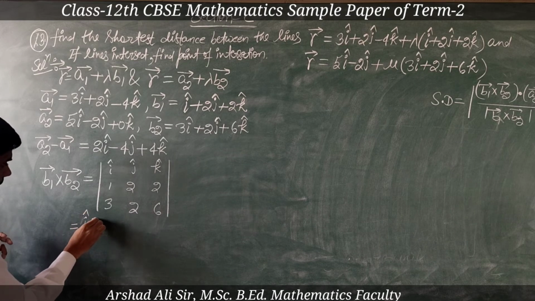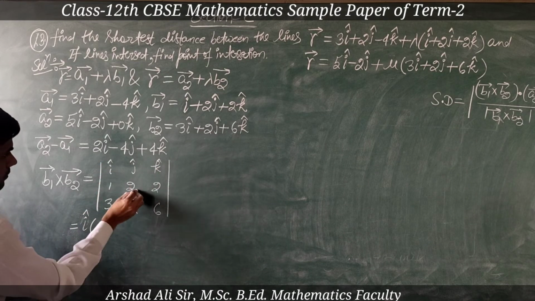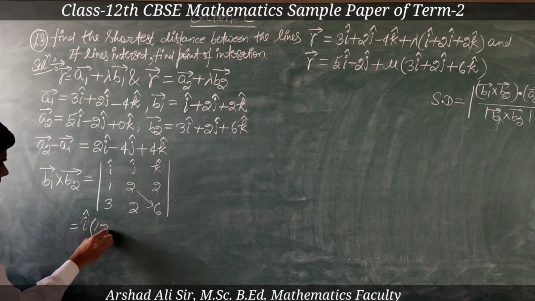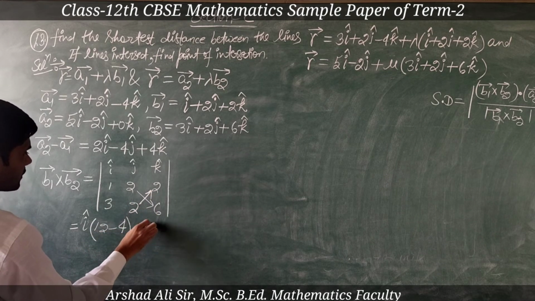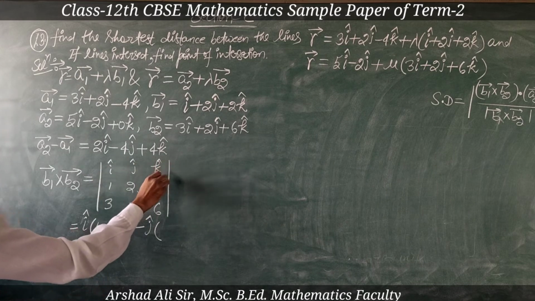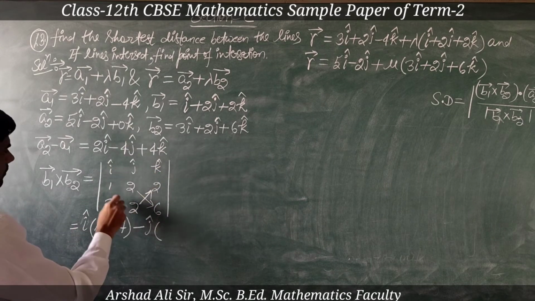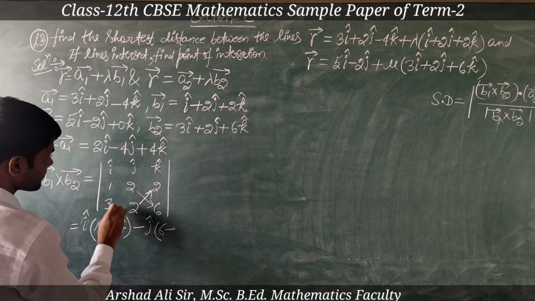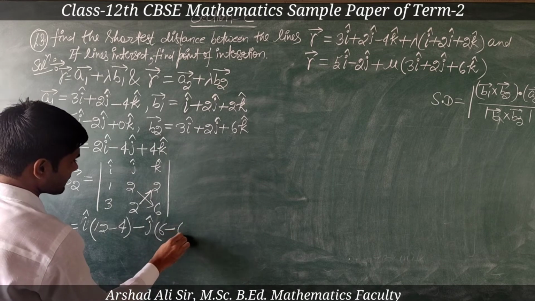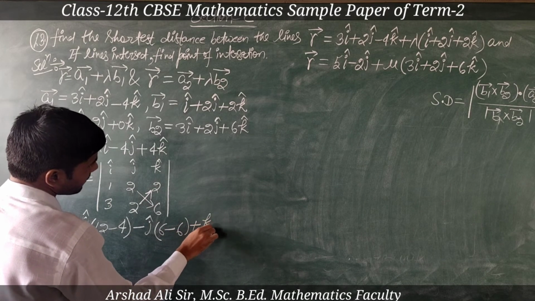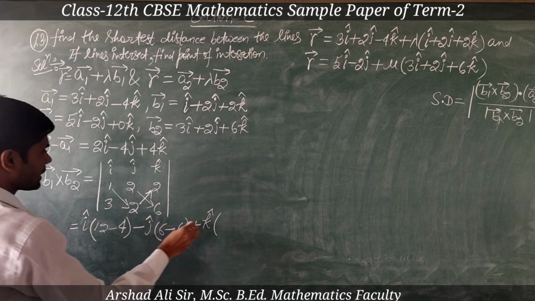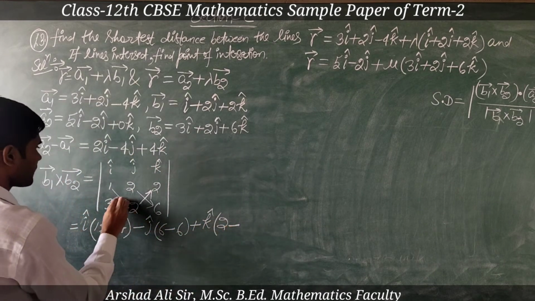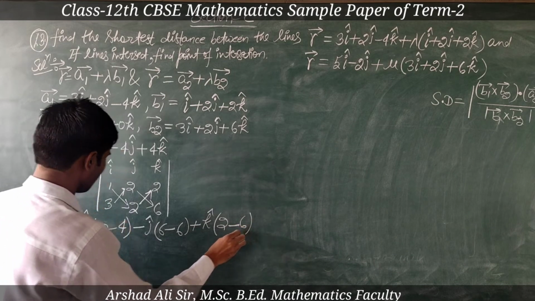I cap, first row, first column, 2 multiply 6, 12, minus 2 to the 4, minus j cap, first row, second column, it will be 6 minus 2 3 the 6, plus k cap, first row, third column, 1 multiply 2, 2, 3 multiply 2, it will be 6.